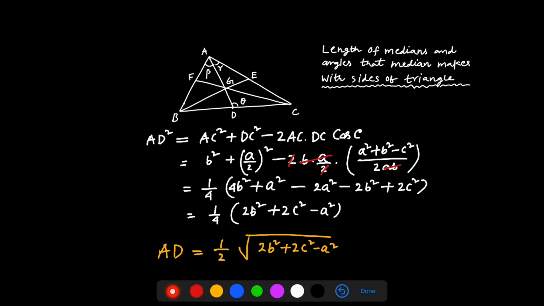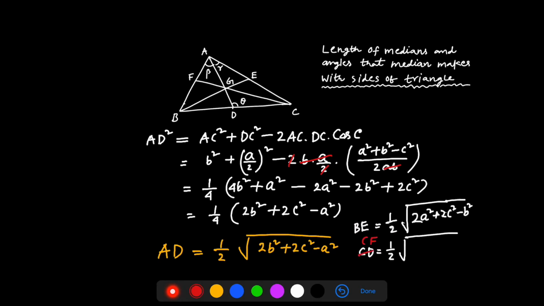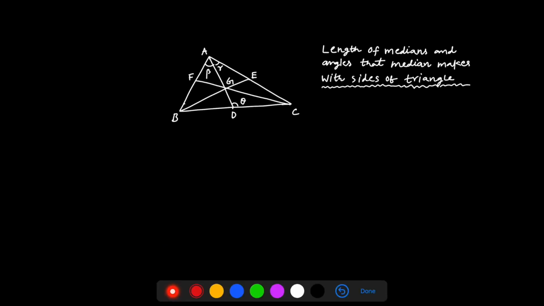Similarly, we can state the length of the median CF will be 1/2 under root 2a square plus 2b square minus c square. So by this we can compute the length of the medians.